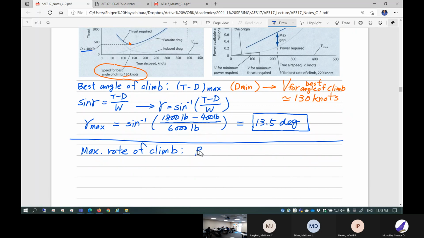It's going to be PA minus PR. This is the excess power. It needs to be max, right? So you need to have maximum excess power.